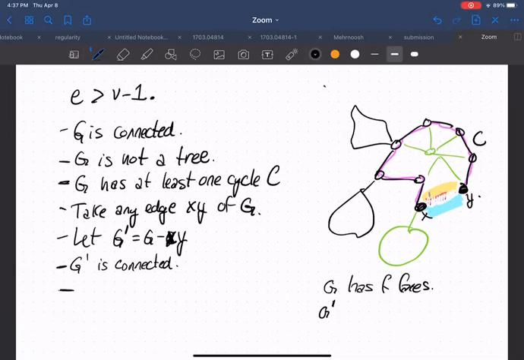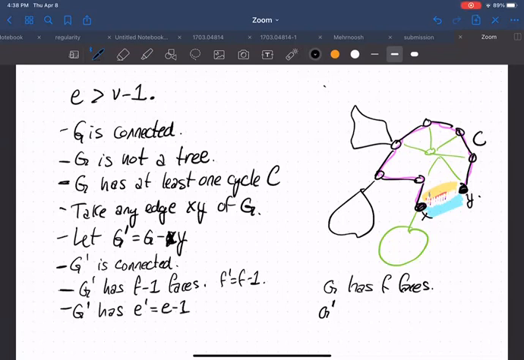So G prime has F minus 1 faces. Okay, and let's call that F prime because it's the number of faces of G prime. G prime has E prime equal to E minus 1 edges. Right? It's exactly the same graph as G, except I took away this one edge XY, so it has one edge less.